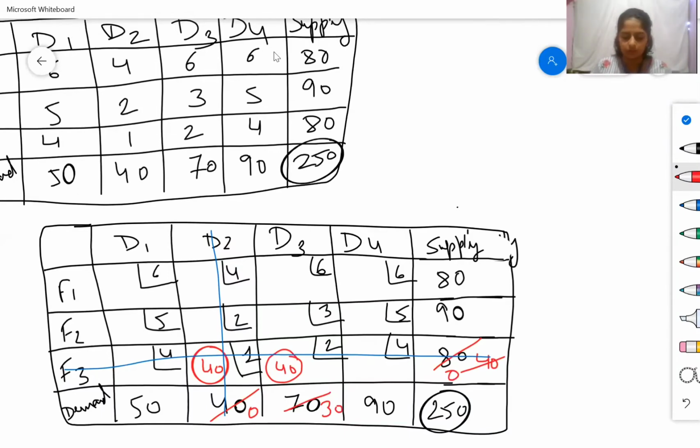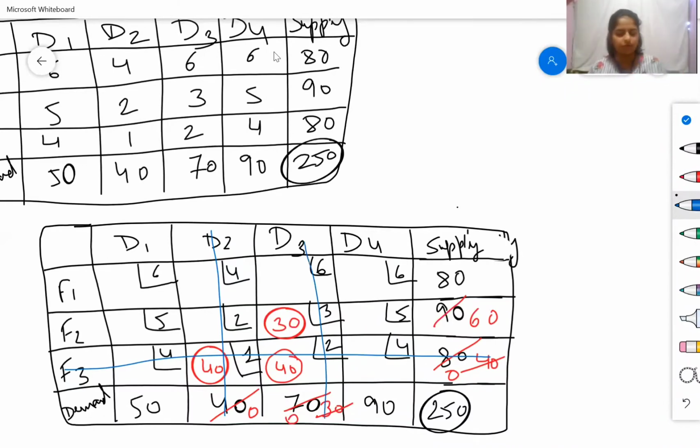So we can only allocate 30 here. So we will allocate 30. Here this becomes 0 and here 90 becomes 60. And this column gets cancelled out.